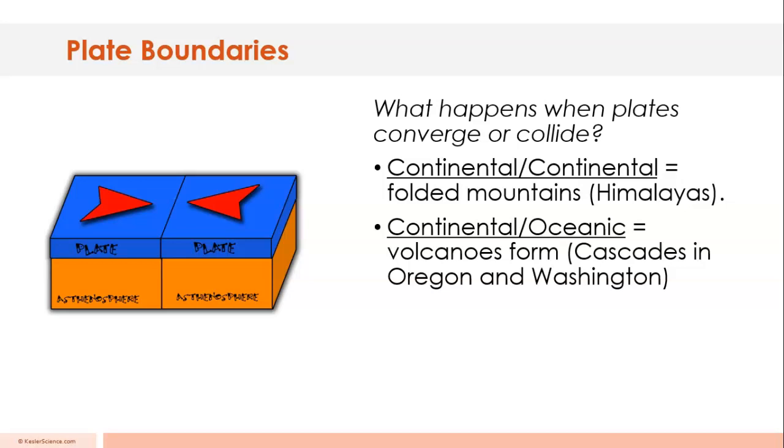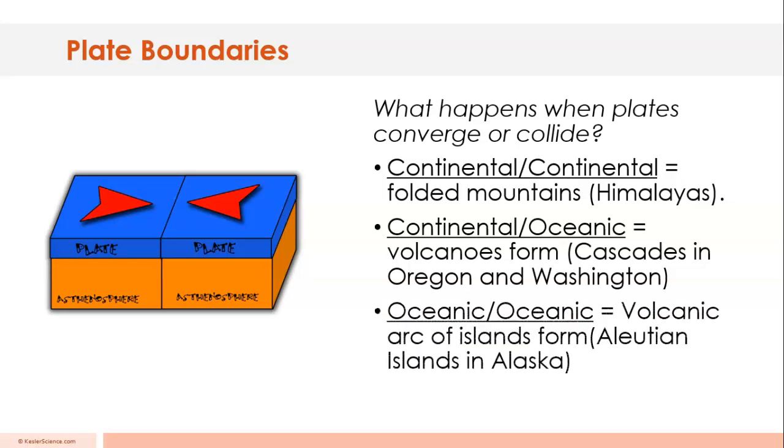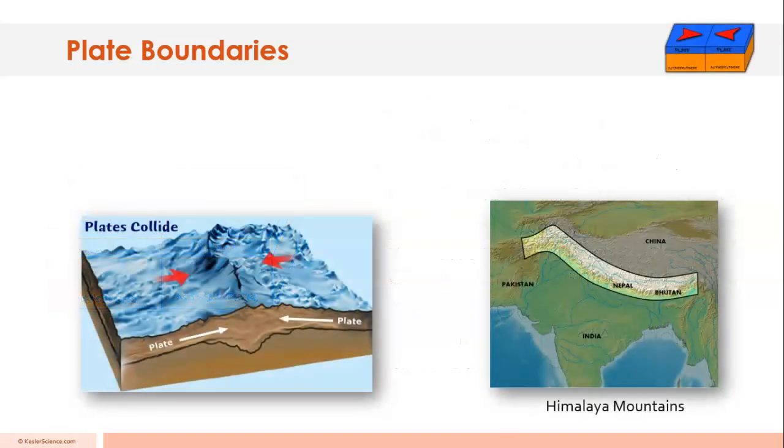An example of this would be in the Cascade Mountains of Oregon and Washington State. And then also we're going to talk about oceanic to oceanic plates. When those 2 plates collide, you often get a volcanic arc of islands that form. The Aleutian Islands of Alaska are an example of this.